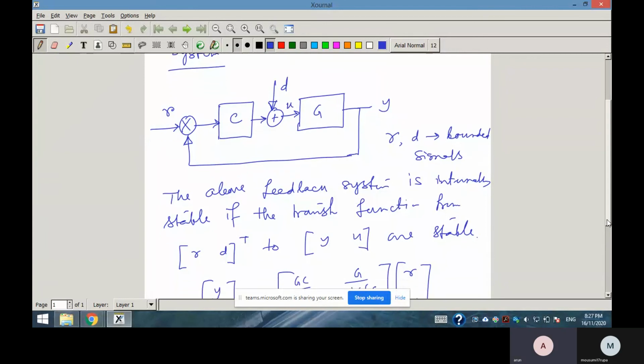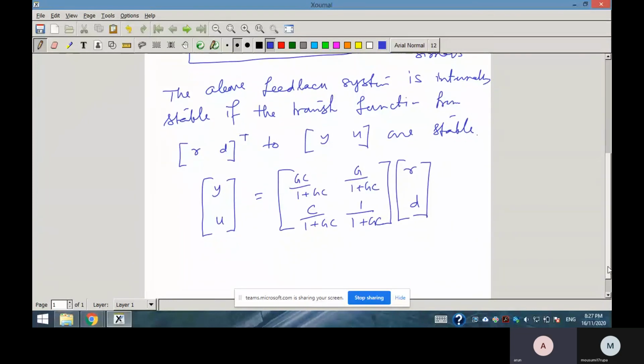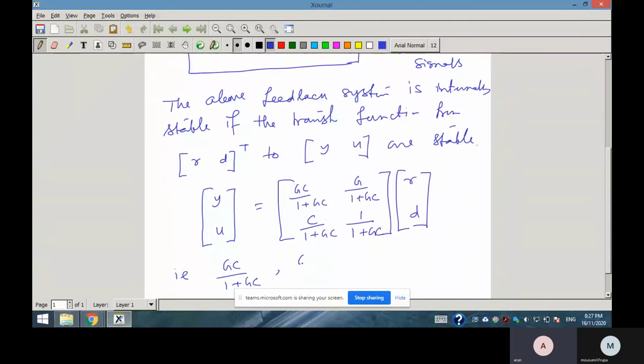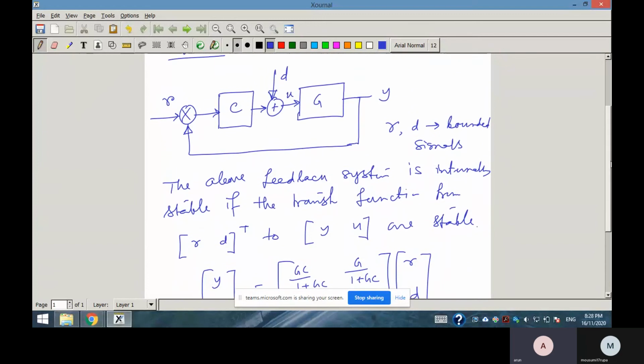So now it is fine. All four transfer functions, that is GC by 1 plus GC, G by 1 plus GC, C by 1 plus GC, and 1 by 1 plus GC, are all stable.